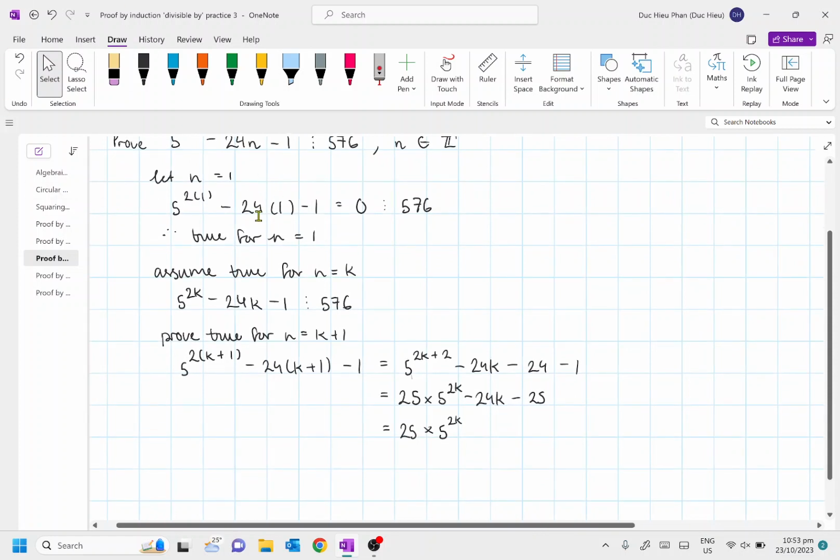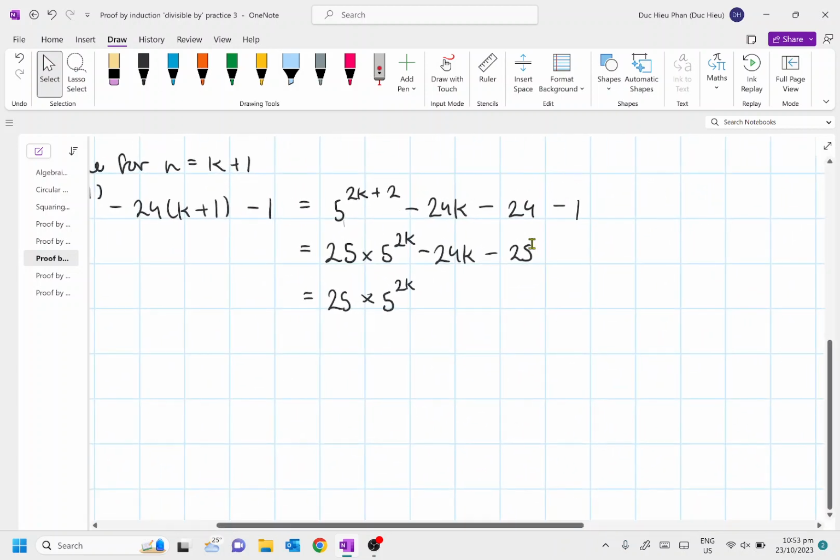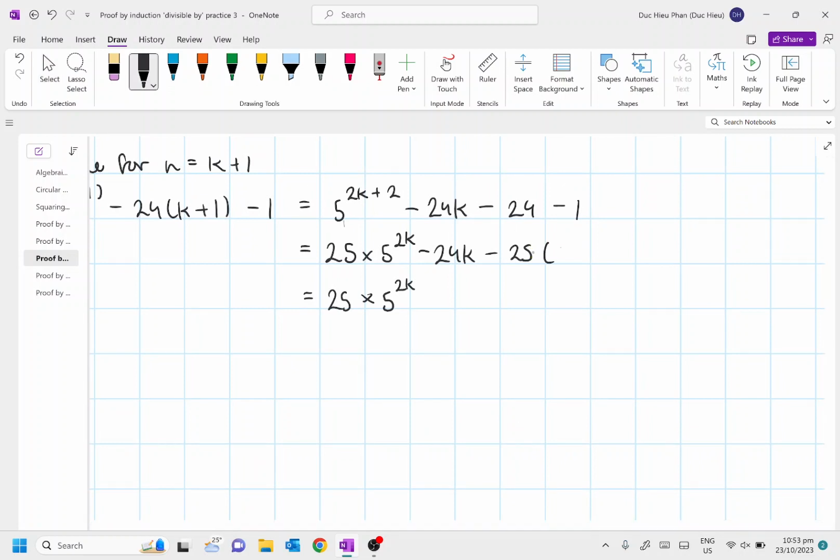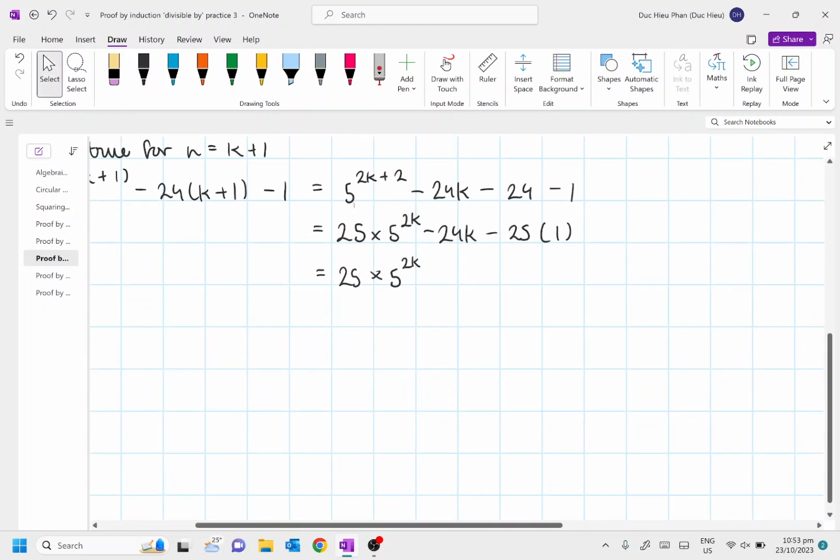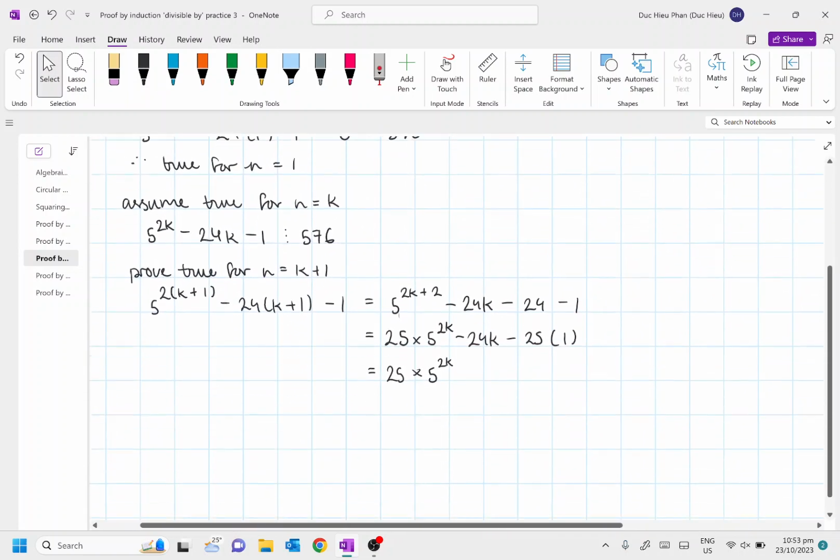We need minus 24k. We need minus 1. This is 25. So actually, we can say that this is 25 times minus 1, for example. Like if we were to factorize this, we could take 25 out and say this is minus 1. So that's solved there. But what about 24?